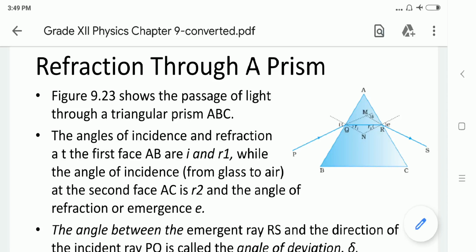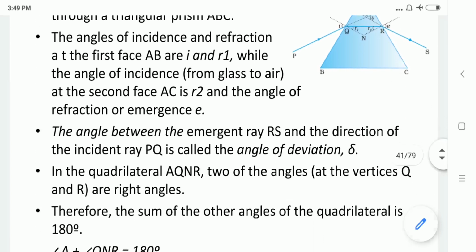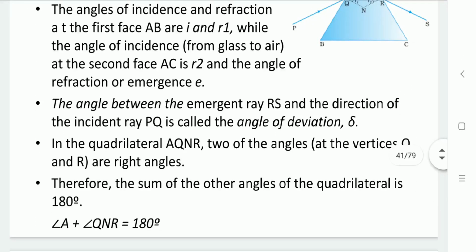So angle A plus angle QNR should be equal to 180.